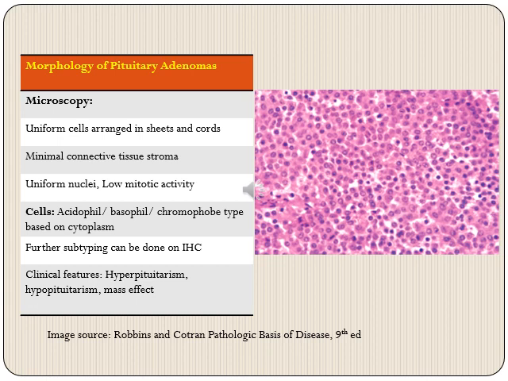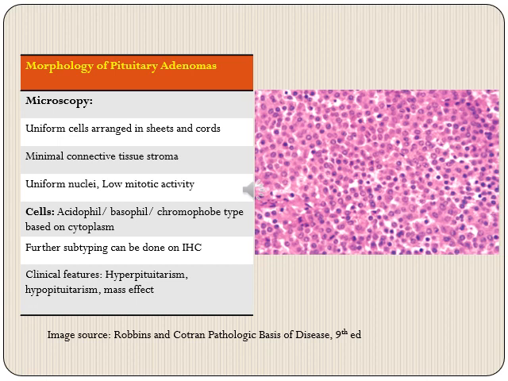Then microscopy of pituitary adenomas. These are benign tumors, so they have uniform cells arranged in sheets and cords, and they have minimal connective tissue stroma, which helps us differentiate these from normal pituitary parenchyma. There are uniform nuclei with low mitotic activity, as it is a benign tumor.